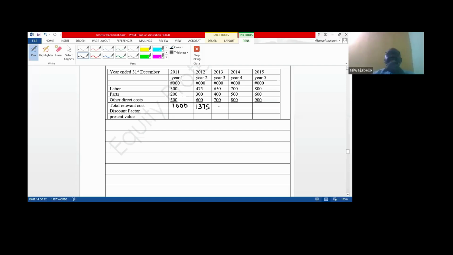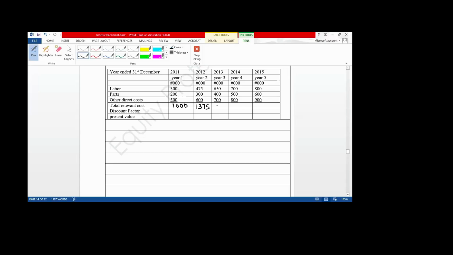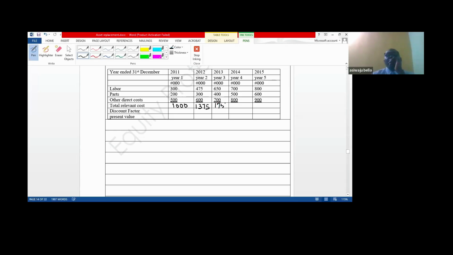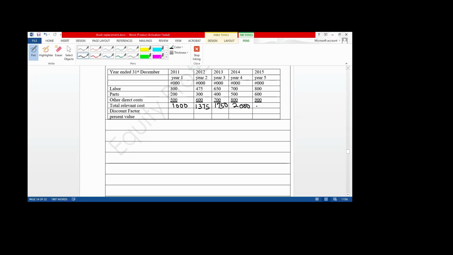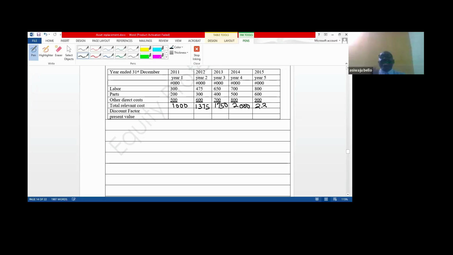For year three, please sum up. 1750. For year 4, year 5, please sum up. 2000. Then 2300. You have gotten the relevant cost from year 1 to year 5.